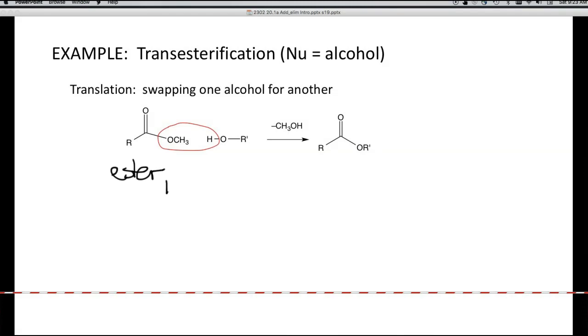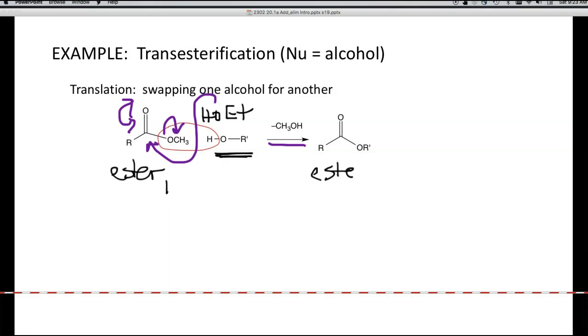And we're adding a different alcohol. Let's say this is ethanol. Alright, so my ethanol molecule is going to come in, up, down, and out. We're going to kick out methanol, and we've got ester number 2.